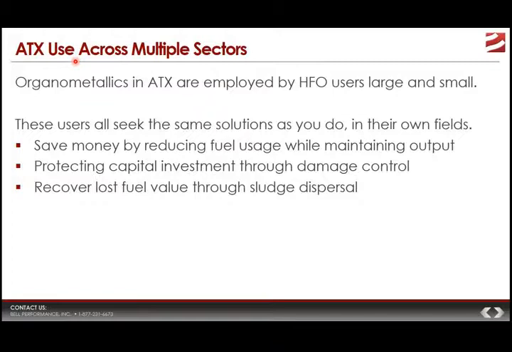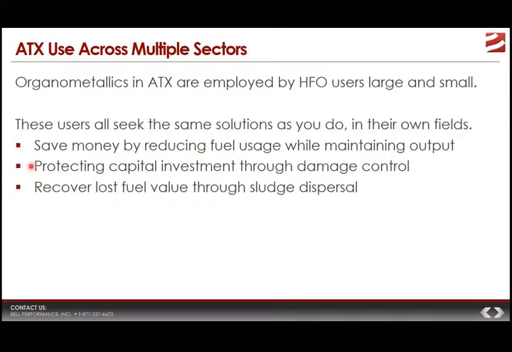They want to save money. They want to reduce their fuel usage while maintaining the same or more output. This is the one that everybody wants. Everybody wants to save money and reduce fuel usage. However, it's just as important to them that they prevent damage to their expensive equipment, thereby protecting their capital investment.